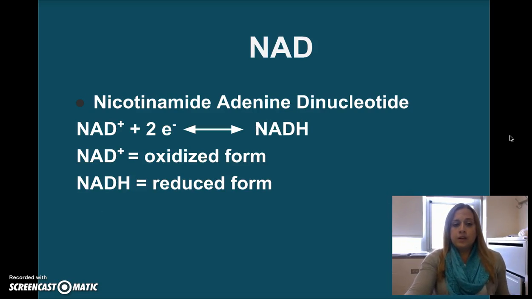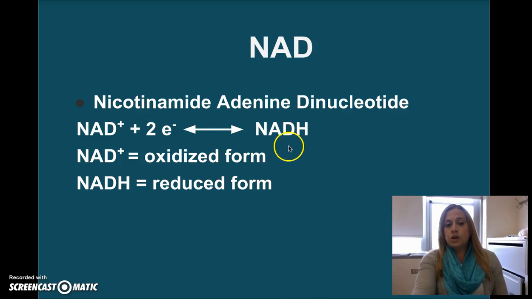The NAD plus is your oxidized form. When you add the electrons to it, it becomes the reduced form. So NAD plus and NADH are going to go back and forth. When NAD plus picks up 2 electrons, it becomes NADH. When the NADH drops those electrons off in a different part of the cell, it will go back to being NAD plus and it can pick up more electrons again.